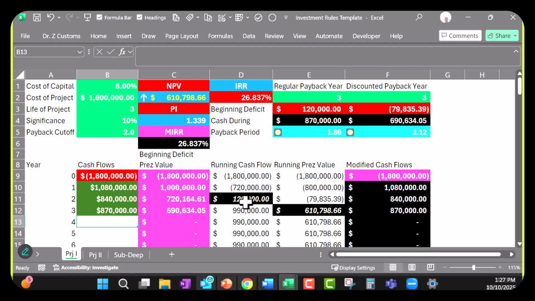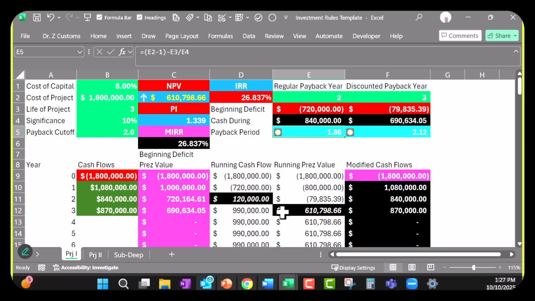To calculate the regular payback, just find the year in which running cash flow turns positive. In fact, the way we do the formatting, it highlights it in black and white. So that's year 2. So you need to enter 2 as the year of payback, then just read it off, okay? 186 is the payback period.